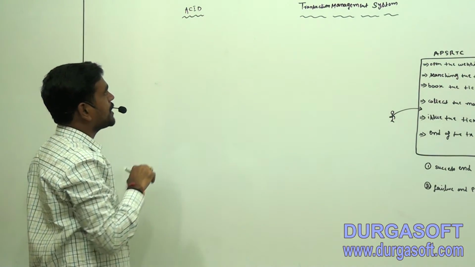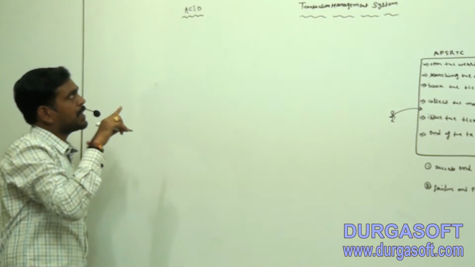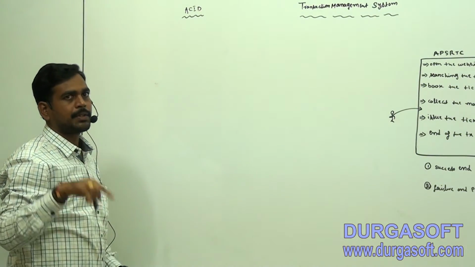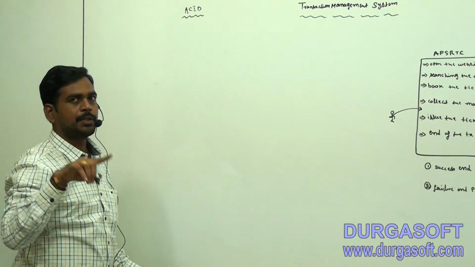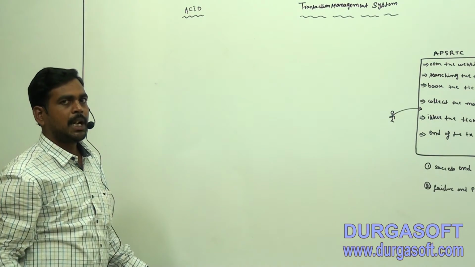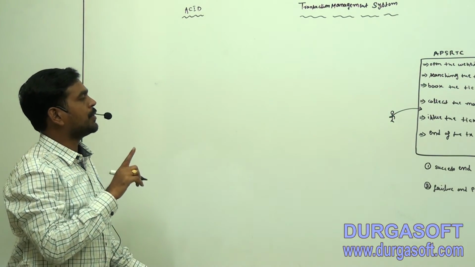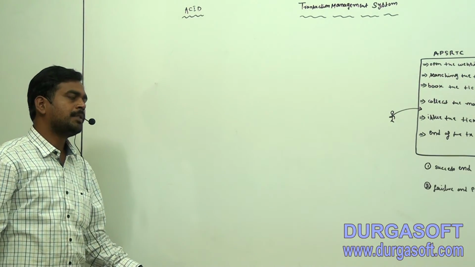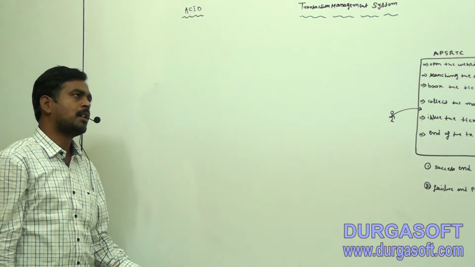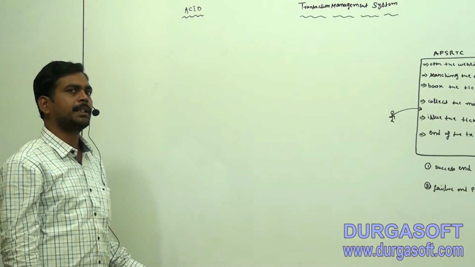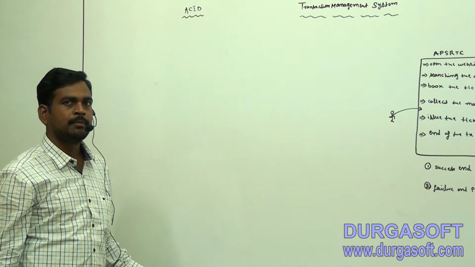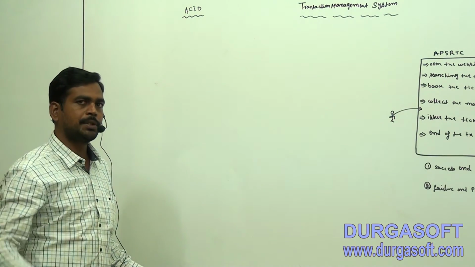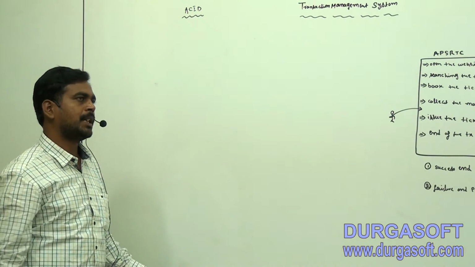A for atomicity, C for consistency, I for isolation, D for durability. We must follow these four rules to implement an application. If you avoid these rules, it is not possible to develop transaction related applications.